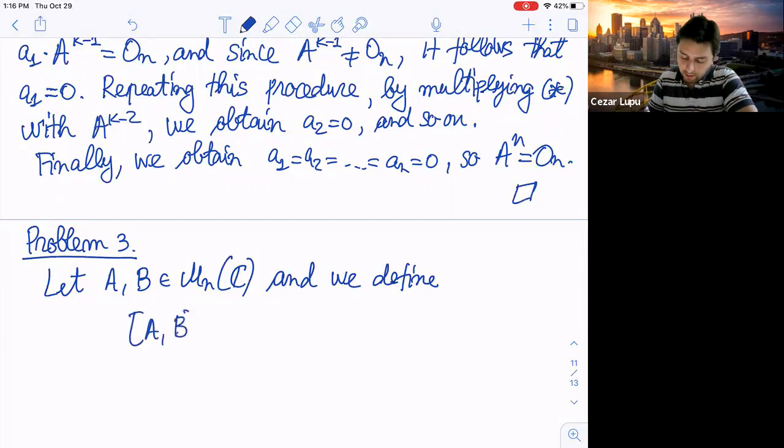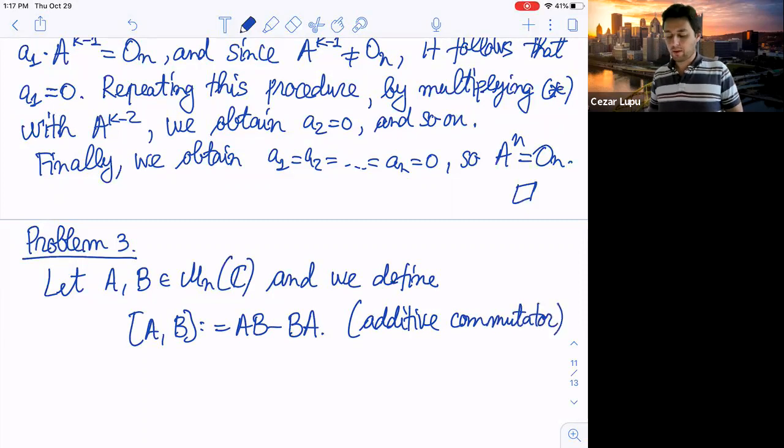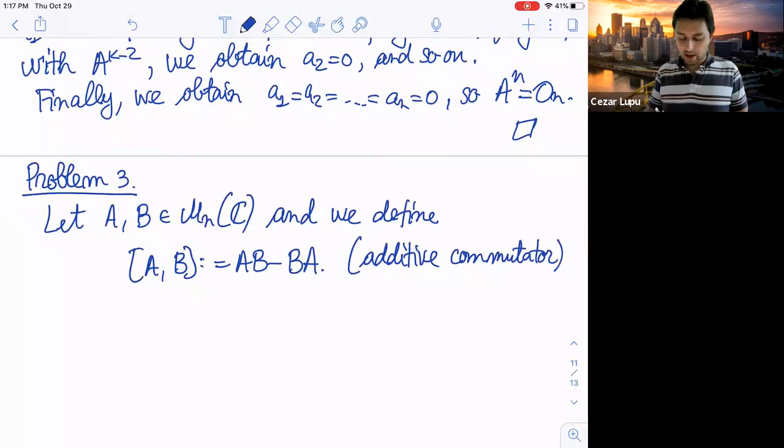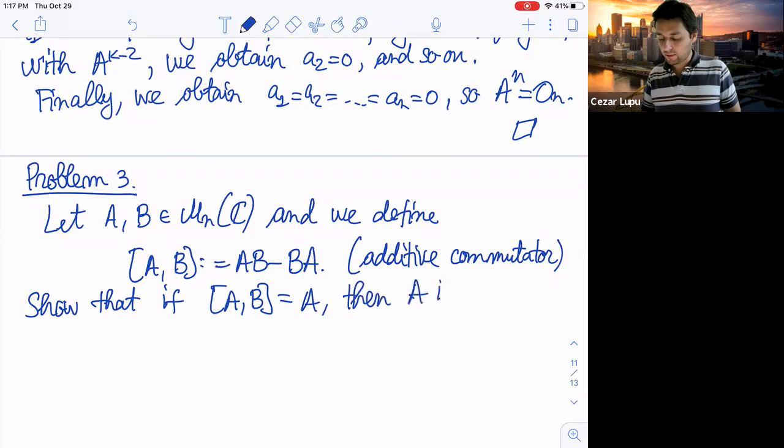So the bracket [A,B] is AB minus BA, right? So this is the additive commutator. I've talked about it in previous videos. And now show that if the bracket [A,B] is A, then A is nilpotent.